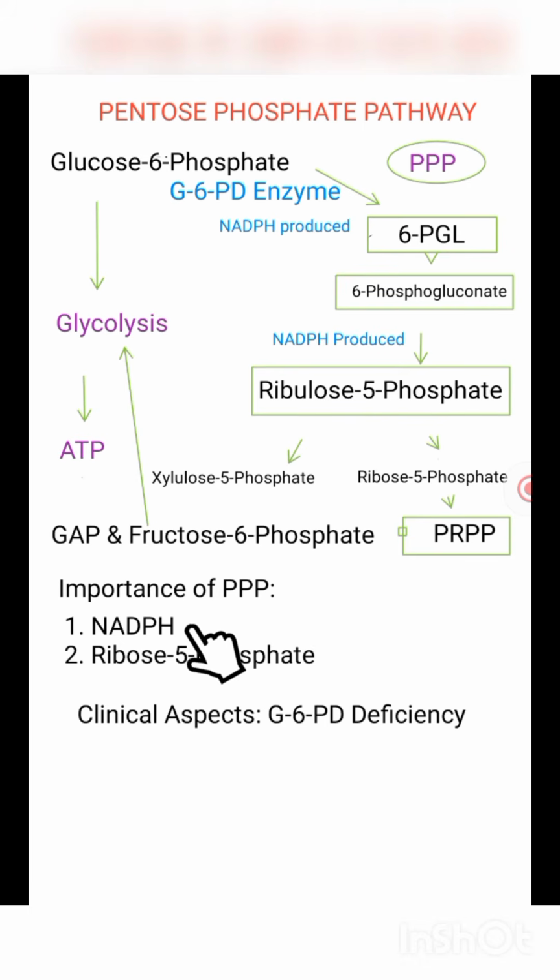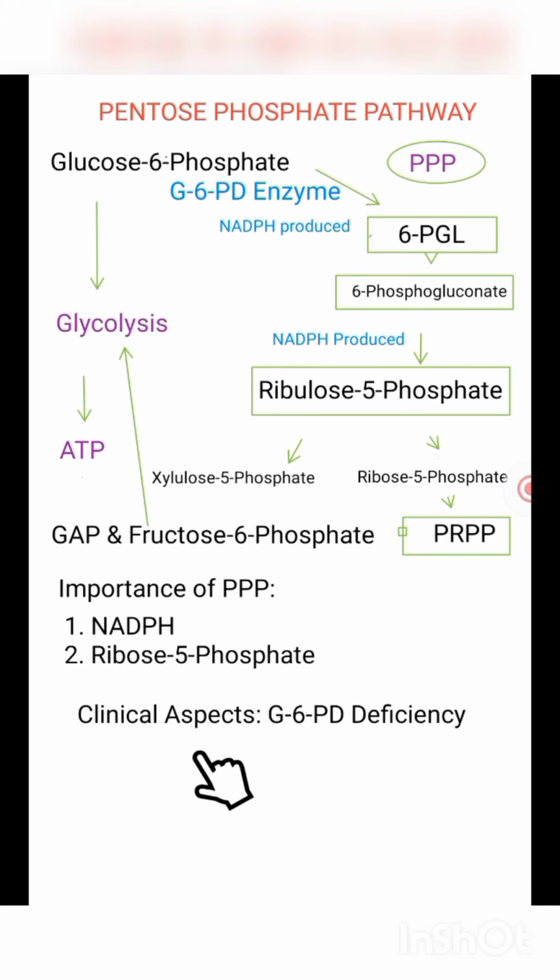Now, if this does not happen, we can have serious clinical consequences, like we see in the deficiency of glucose 6-phosphate dehydrogenase enzyme. If this enzyme is deficient, as is the case, because most of the people have this deficiency, what happens is that NADPH will not be produced.